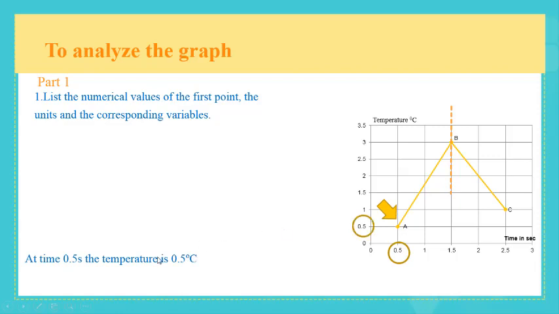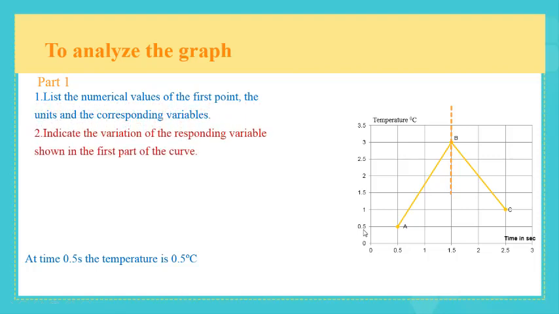At time 0.5 second, the temperature is 0.5 degrees Celsius, since the value of point A on the x-axis is 0.5 and on the y-axis is 0.5. Then indicate the variation of the responding variable, which is temperature, shown in the first part of the curve. The variation is increases, so we write this temperature increases.